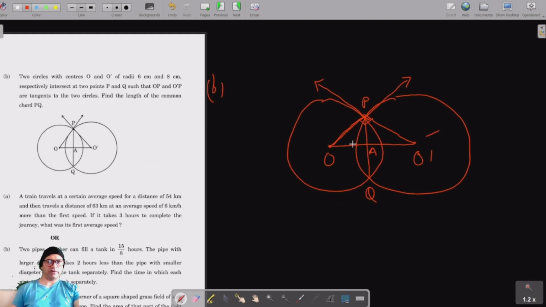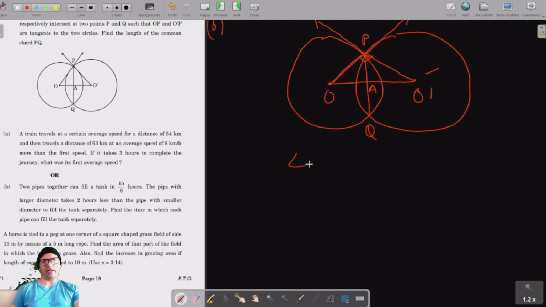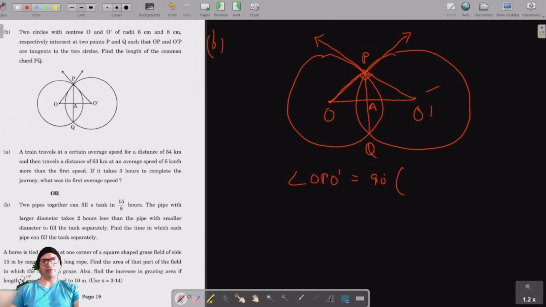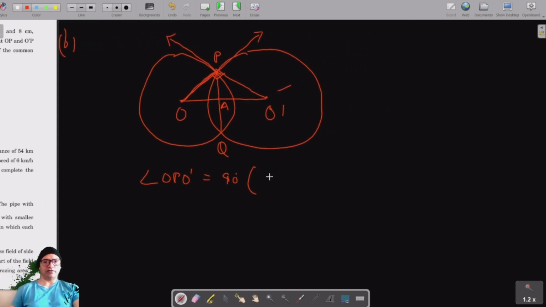And first of all, let's find out the OO dash. So angle OPO dash is equal to 90 degrees, because OP is the radius and O dash P is the tangent, and we can write here that the radius is perpendicular to the tangent at the point of contact.